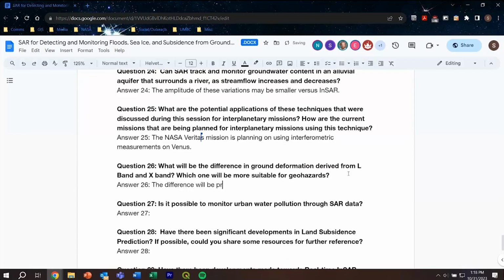If it's an unvegetated area or urbanized area where there's little change in little vegetation, they should give similar results. But in vegetated areas, especially forest, X-band will be completely incoherent and therefore not be able to make any InSAR measurements.